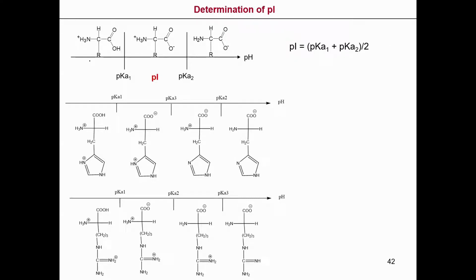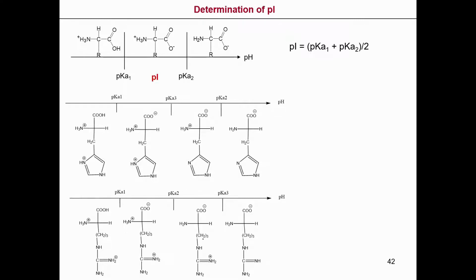For example, when you have a side chain which is neutral, which cannot be protonated or deprotonated, you have only two pKa values, so it's very simple. So PI is the average of these pKa values: pKa1 plus pKa2 divided by 2.